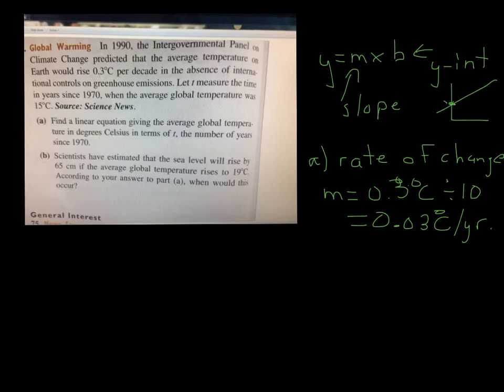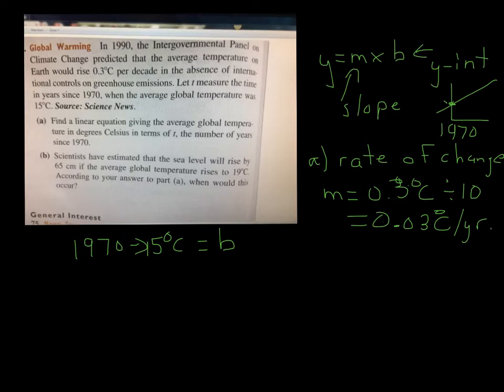The other bit of information that they give us is that we're starting in 1970 at a base temperature of 15 degrees Celsius. So that's actually our y-intercept in this case, because our graph is starting at 1970. We don't have any data from before that, so we can consider that ground zero for our graph.